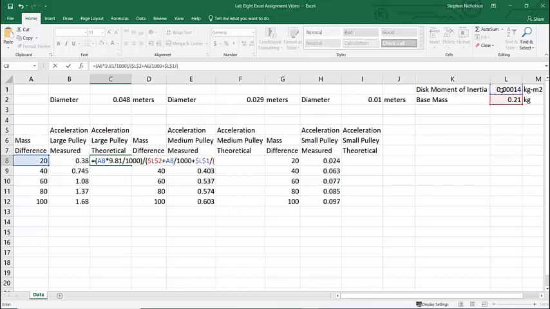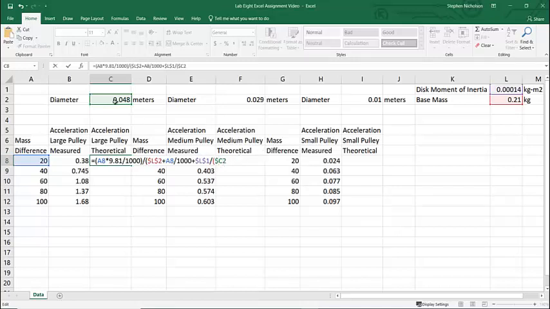Now we're going to divide by the radius, and these are diameters, so let's pick the diameter of the large pulley. Now I'm going to put a dollar sign for the 2. Is that right, or do I put it in front of the C? No, I'm going to put it in front of the C. We'll see why in a second.